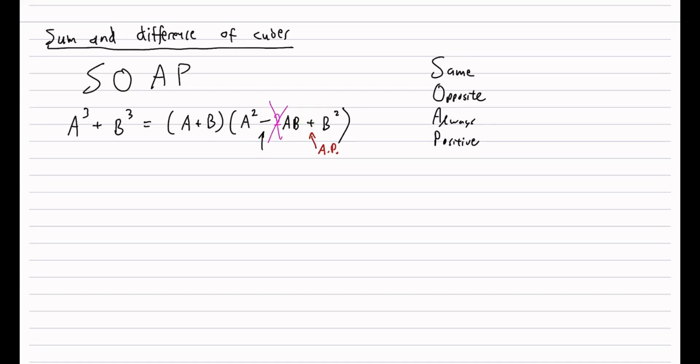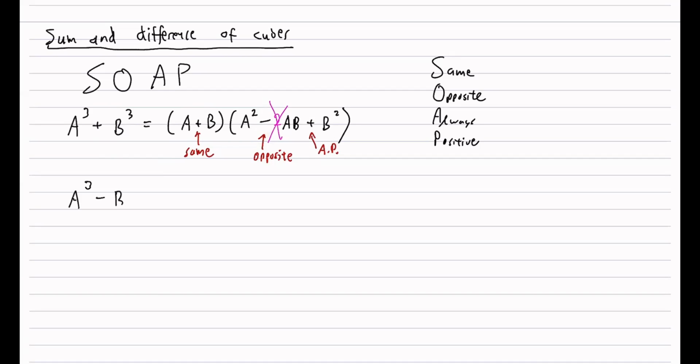Here, maybe I use red color. It's the opposite. O for opposite. Opposite of what? Here is a plus, there is an opposite, minus. Then here, it's the same. Because on the left side, you see plus, here also plus.